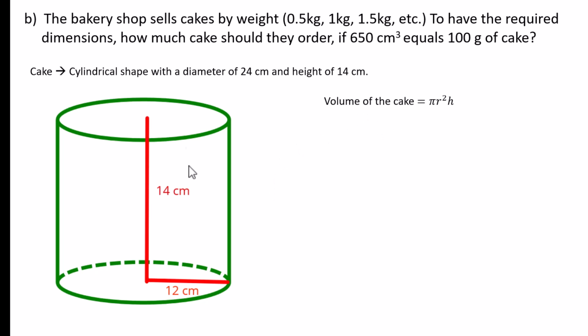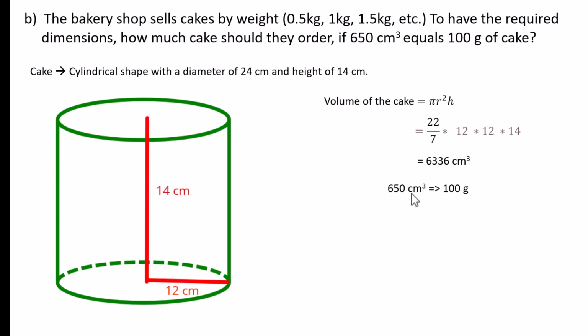Volume of the cake, which is cylindrical in shape, is pi r square h. We know r, we know h. So with the plain substitution of these values, we get pi into 12 square into 14, which comes out to be 6336 centimeter cube. Now, what is given to us? 650 centimeter cube equals 100 grams of the cake.